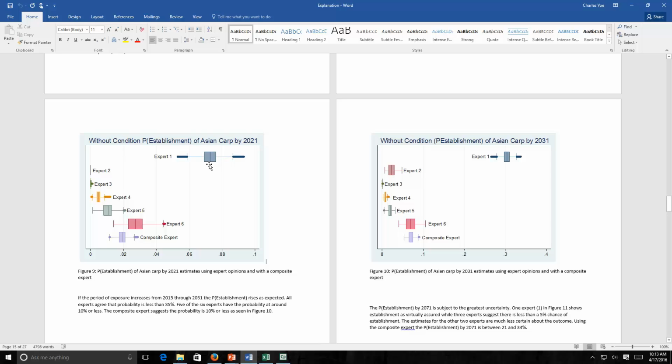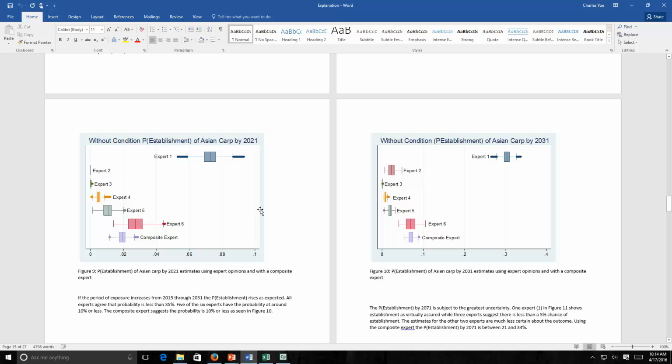The box itself gives you the middle 50%. The vertical line in the middle of the box is the median value. So this is the first quartile, and then from the beginning of the box to this vertical line is the second quartile. Then to the other end of the box is the third, and then the fourth.